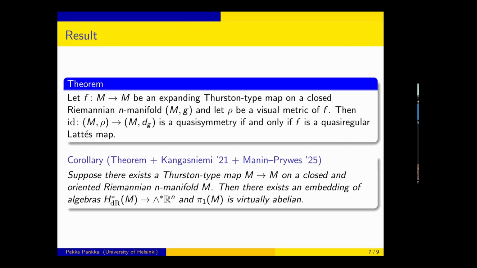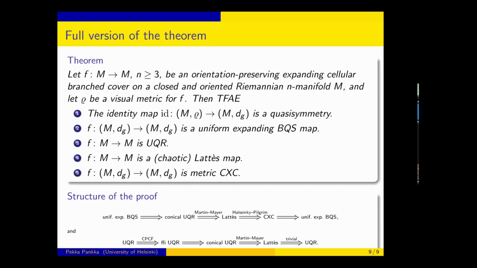But in your theorem you have that there are lattice maps, right? Do you actually have lattice maps? I mean, I guess you can have them on a torus, but do you have other lattice maps that are not on the n-sphere or what? Yeah, so there is a work on this.